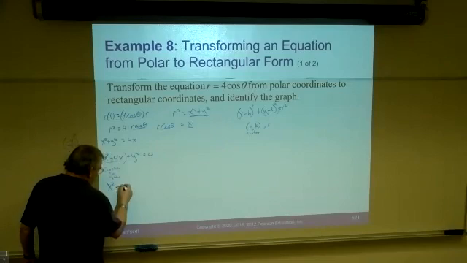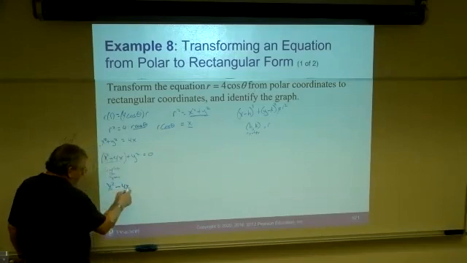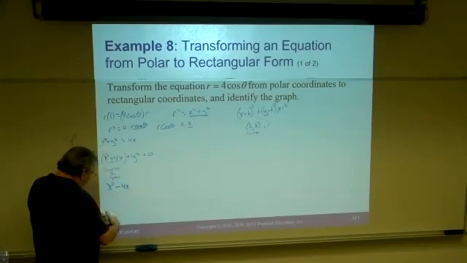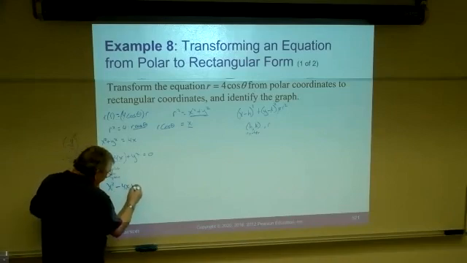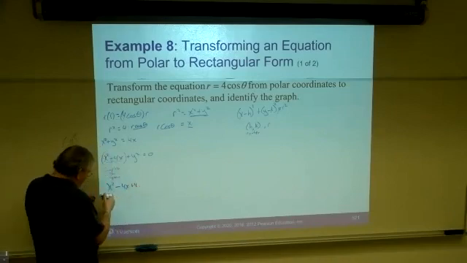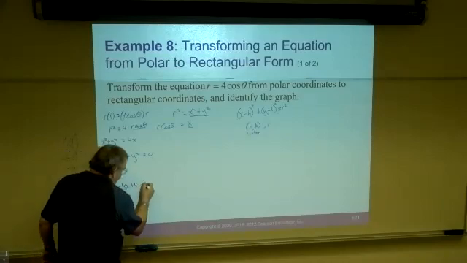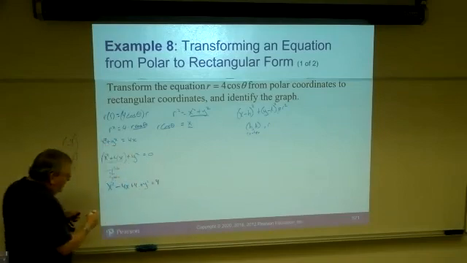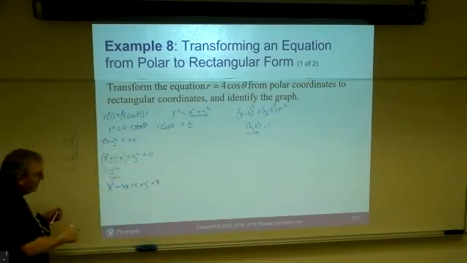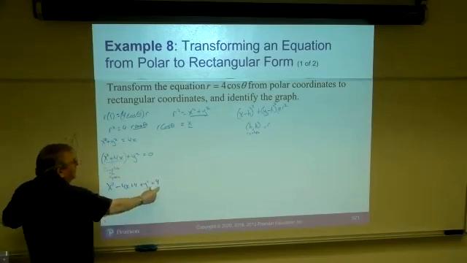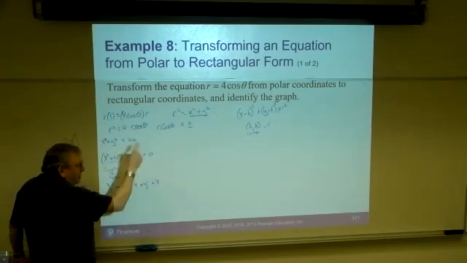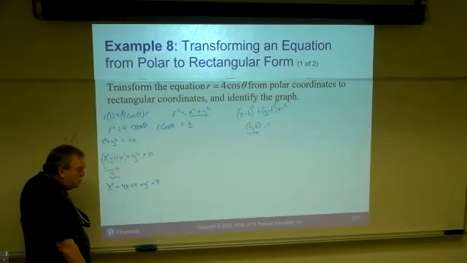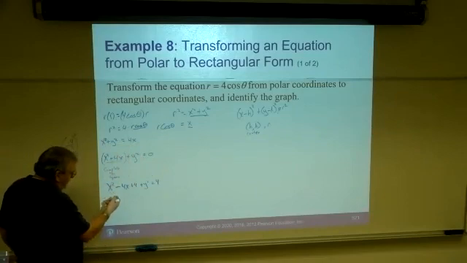I'm losing my mind. Okay, x squared minus 4x, and now we're going to add the 4 here. And we still have plus y squared equals, and I have to add 4 to the other side, so 0 plus 4 gives us 4. And this is our r squared. So already I know r is 2.